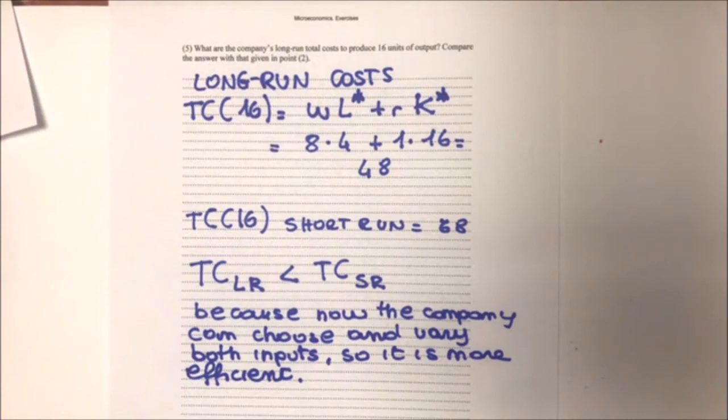And now the last part, the last point of the exercise, point 6. In order to reduce Alpha's production cost, its managers propose a business restructuring. The business restructuring modifies Alpha technologies.